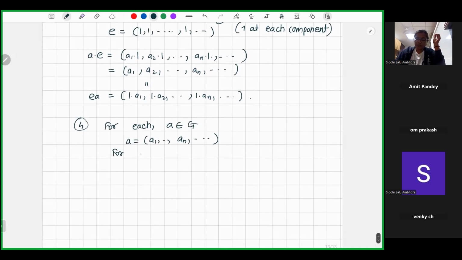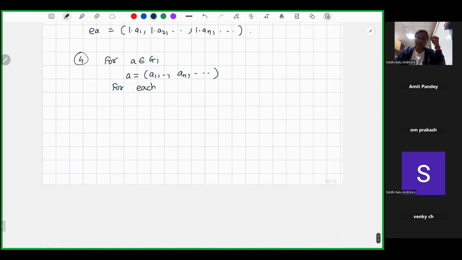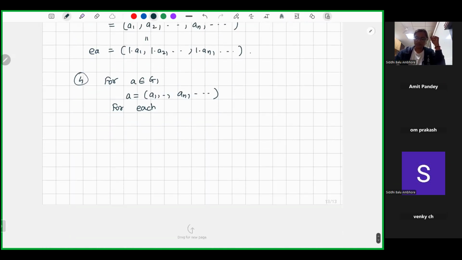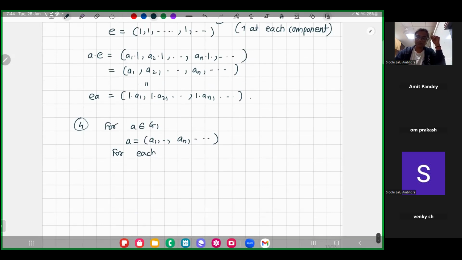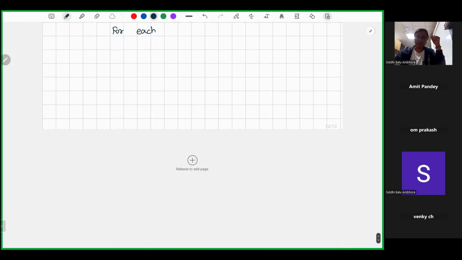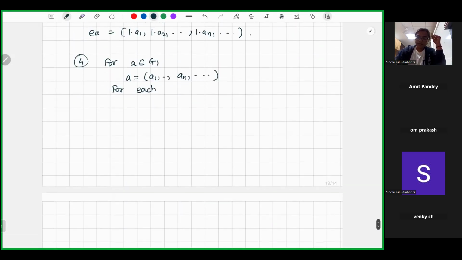And for each AI non-zero, we have BI non-zero in R such that AI into BI is 1, right?